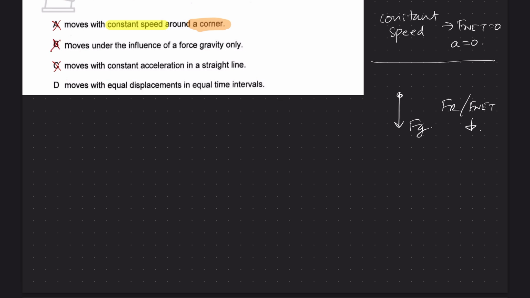By process of elimination, we're going to go with D as our answer. Moves with equal displacements in equal time intervals, and we know that's velocity. So in other words, this is saying constant velocity. So that's why the answer is D.